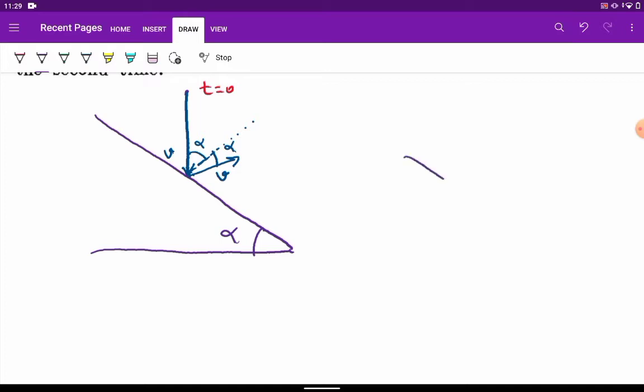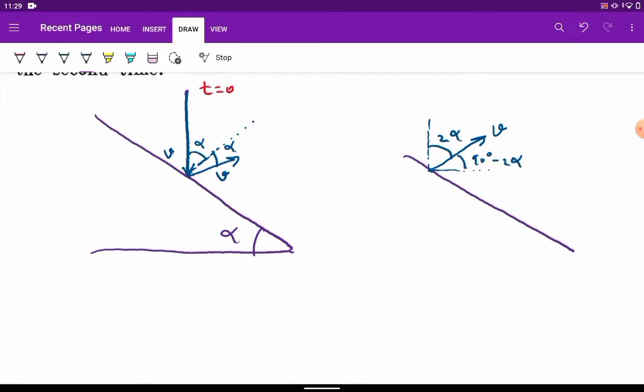So basically this is your inclined plane. Now after the collision, this ball has a velocity v, and this whole angle is alpha and alpha, 2 alpha, so it is making an angle of 90 degrees minus 2 alpha to the horizontal.